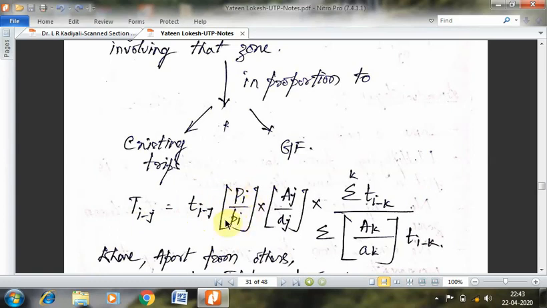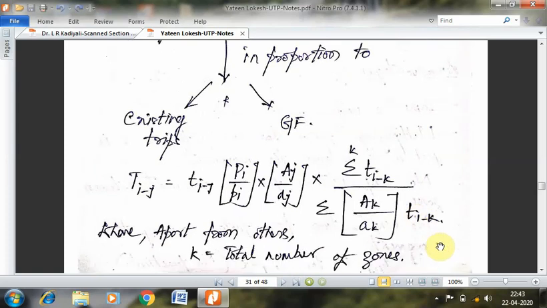I think in the previous video I have already discussed what capital Pi and small pi are. Similarly, you have the ratio of capital Aj and small aj, multiplied by the ratio of summation tik and summation of capital Ak over small ak multiplied by tik.